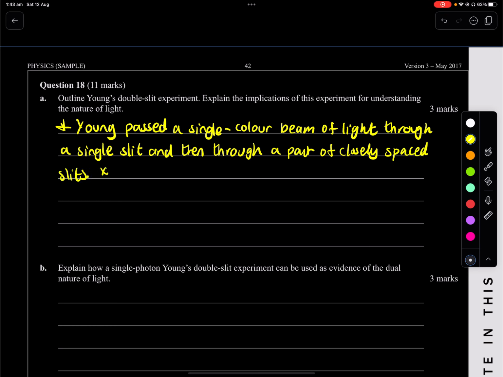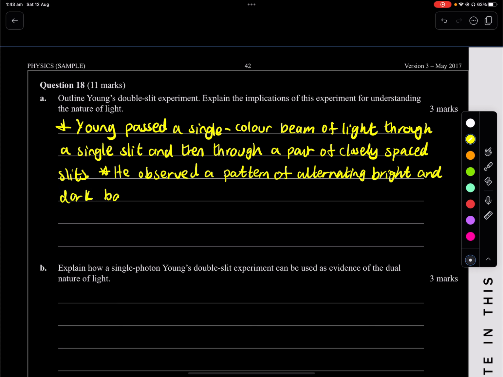Another one is he observed a pattern of alternating bright and dark bands on the screen.